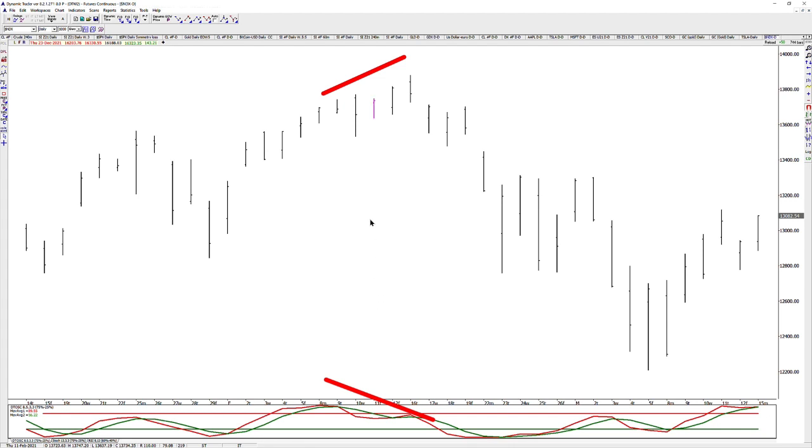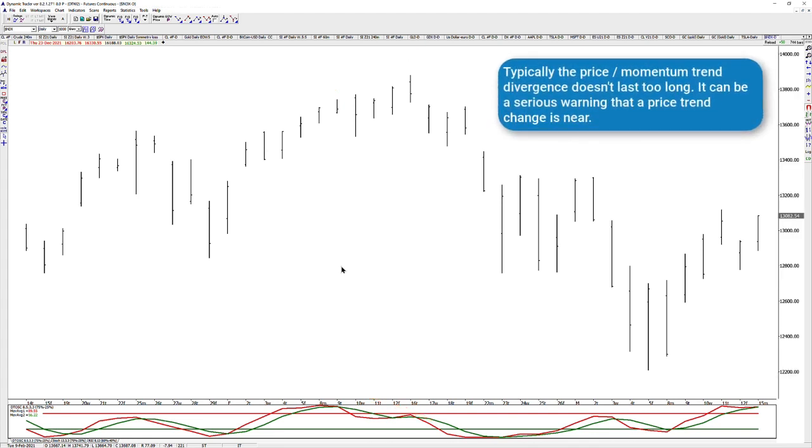Well, it represents that during this period of time the rate of change, or the speed of the advance, began to decline. So the market continued to advance, but relative to the look-back period at least, the rate of change was declining or being reduced. So that's how we can have a divergence between the price trend and the momentum trend.